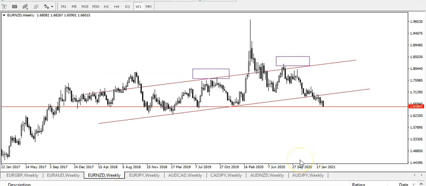I also have EURKiwi, which is very similar to the Euro Aussie. The pattern is slightly different. I have a head and shoulder, but it is a tilted head and shoulder. Nonetheless, once it crosses below this 1.66 level, I will have a new low, and with a new low and a newer high, a reversal pattern is confirmed.